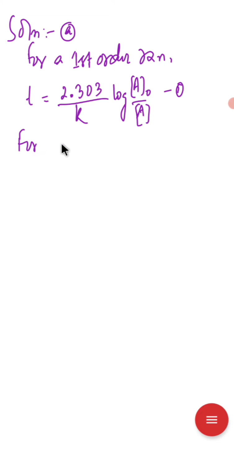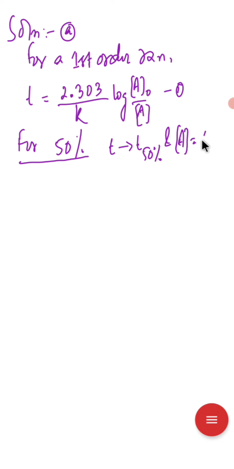So for 50% completion of the reaction, we need to substitute t by T50% and A by A naught by 2, because when 50% of the reaction is complete, the amount of the reactant left will be equal to half of the initial concentration.